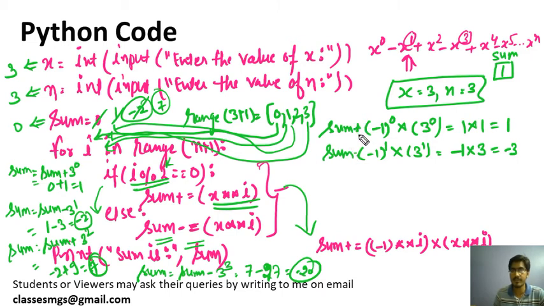So sum plus equals to, so sum equals to sum plus minus 3. So plus minus is minus 3. It will be written like this.